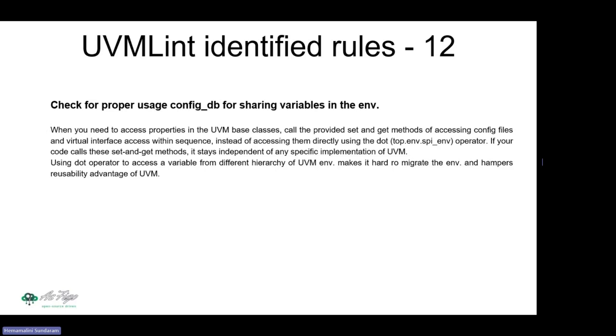Using the dot operator to access a variable from a different hierarchy of the UVM environment makes it hard to migrate the environment and hampers the reusability advantage of UVM. So here we need to use config_db for sharing variables in the environment.